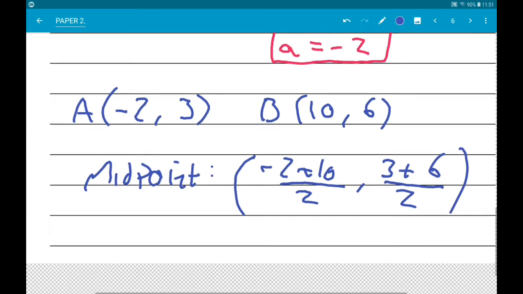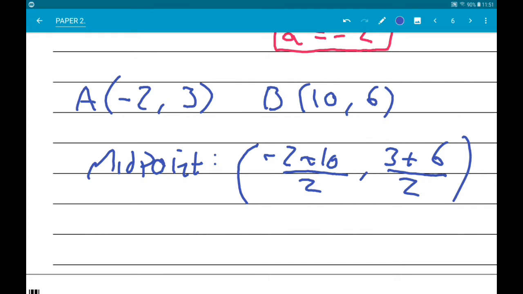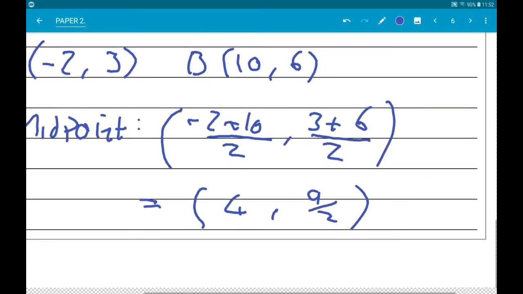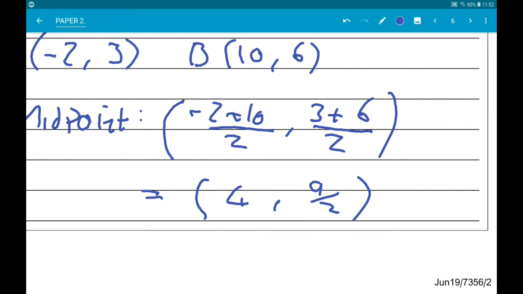So, there we have 8 over 2, so that's 4. And 9 over 2 is 9 halves. So, now we can say then that c is 4 and d is 9 halves.